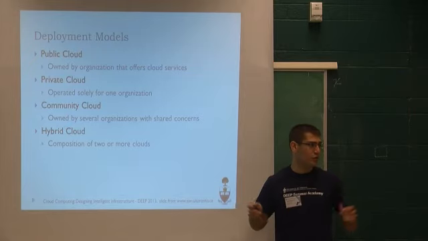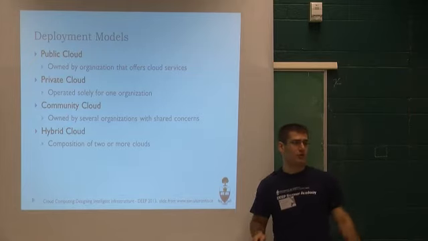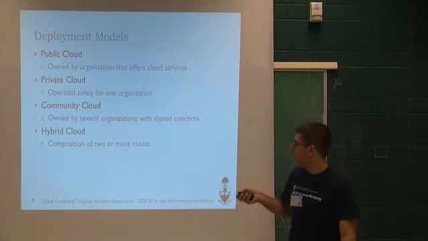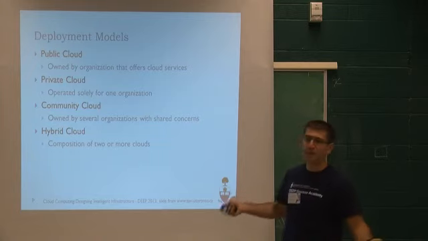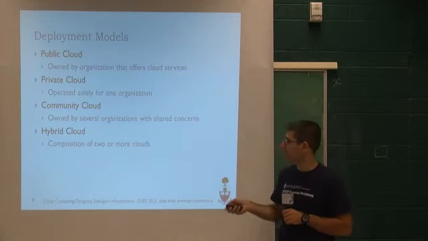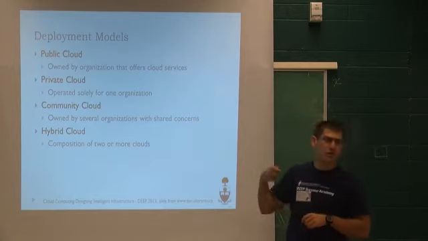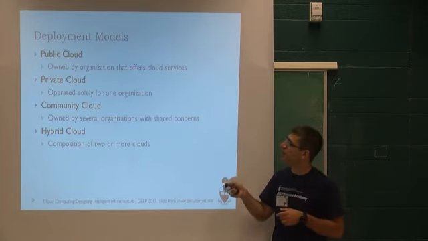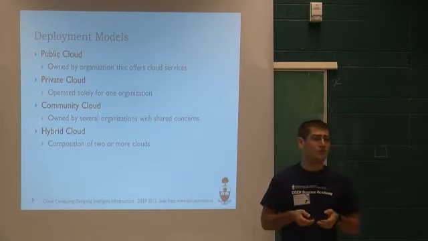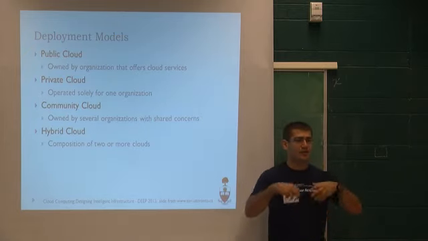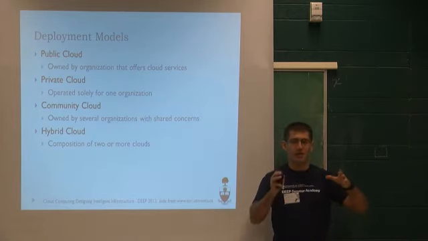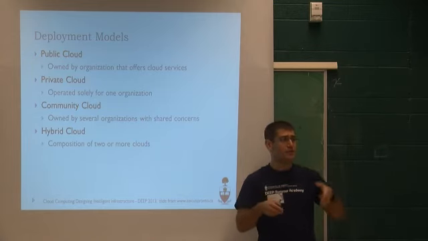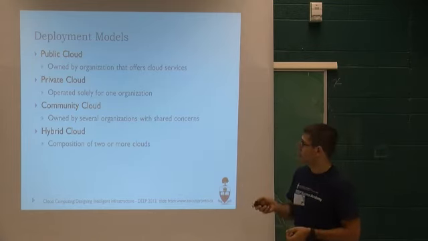You want to make sure you have all of those in-house. You don't want that to be run through another company. Community cloud is owned by several different organizations together. And hybrid is a composition of 2 together. So it could be that you have public and private together make hybrid. The parts that are not as sensitive, you have them as public. The ones that are sensitive, you have them as private.